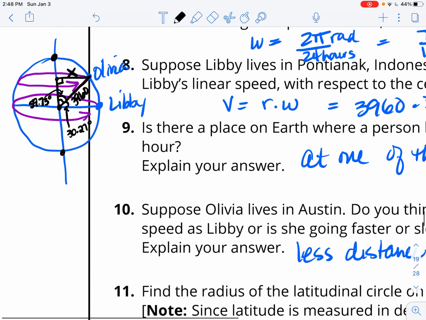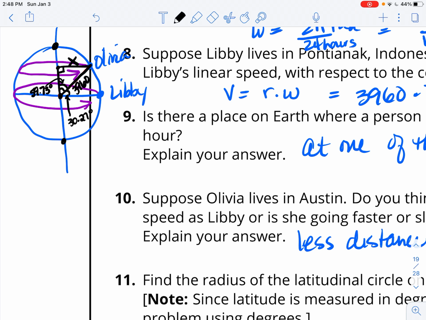I can use some right triangle trig to figure out Olivia's radius. From the angle to Olivia, that's going to give me the opposite side, and I know the hypotenuse is 3960. It's across the right angle. So opposite and hypotenuse is the ratio of sine. So sine of my angle is equal to opposite over hypotenuse.